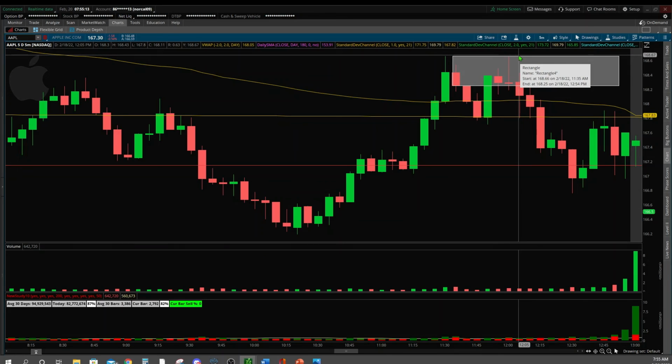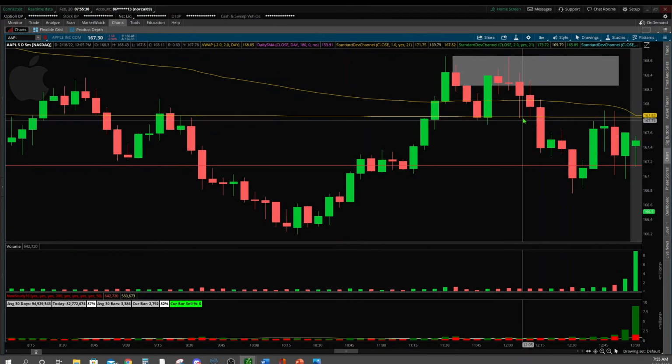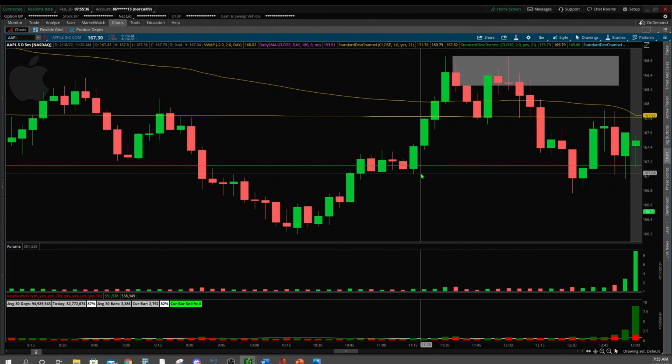So 168.67, let's call it, is where your stop loss would be. Your entry is right here at roughly 168.28, and then your profit target would have been down here at 167.04.